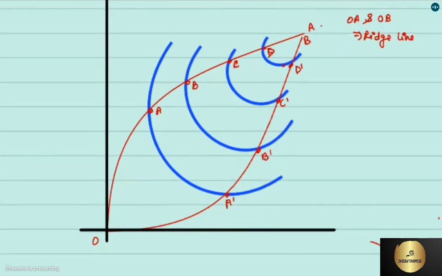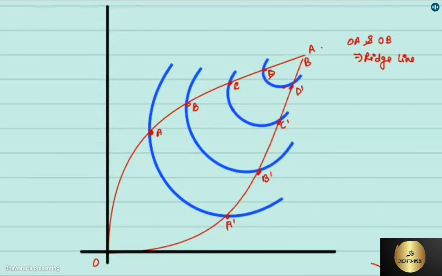Okay, so above these ridge lines, these are the isoquants.